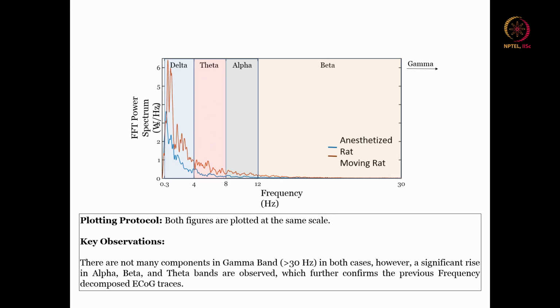This is the spectral decomposition of the waveform that has been recorded, and you can see a nice spectral decomposition into various frequency bands here: delta, theta, alpha and beta. This is very important.